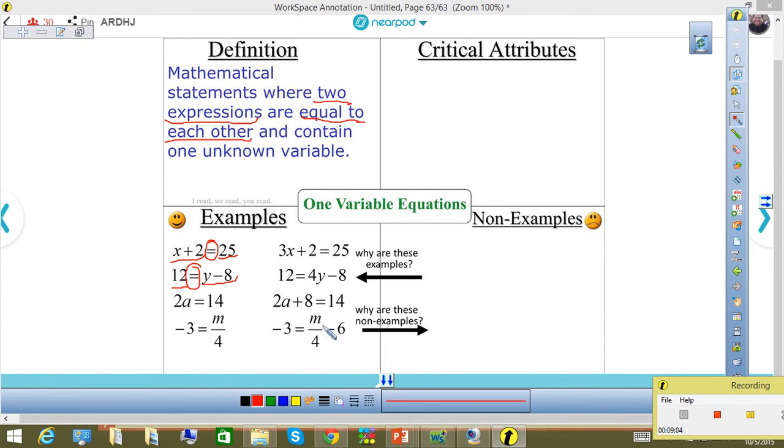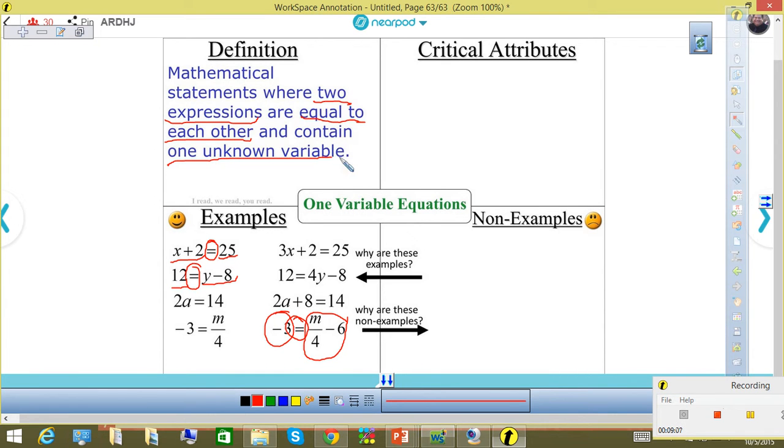All right. So let's see. Look at this one. Is this an algebraic expression? Yeah, it's got numbers, operations, and a variable. Is this a numeric? Yes. Are they equal to one another? Yes. Look at all the rest of them. They're pretty much two expressions equal to each other. Is that correct? Now let's look at the last part of the definition. One unknown variable.